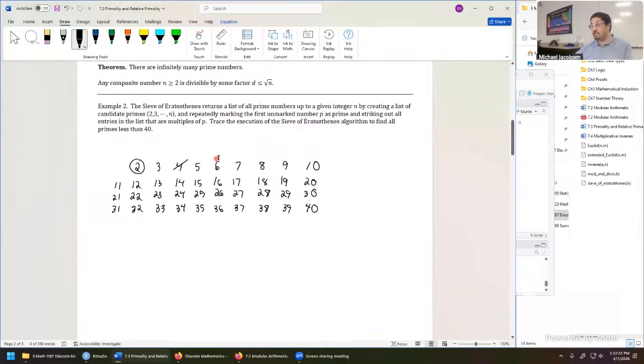So we go down the list. 6 mod 2 is 0, so that gets struck out, and the same with every even integer. We've really just annihilated the list at this stage. Let's wipe out all the evens. Every one of these is a multiple of 2. And so now we have 1 prime down for sure. Any questions at all, folks, with that first step?